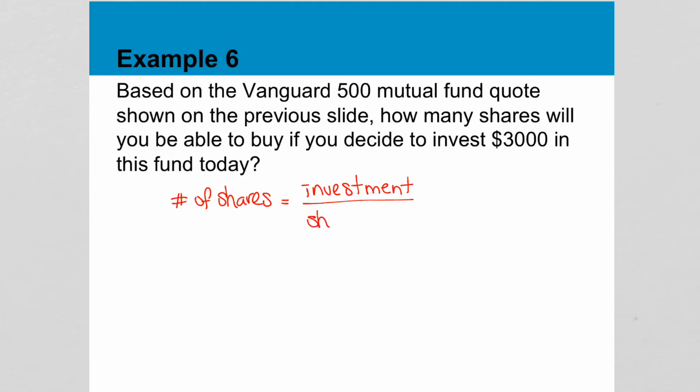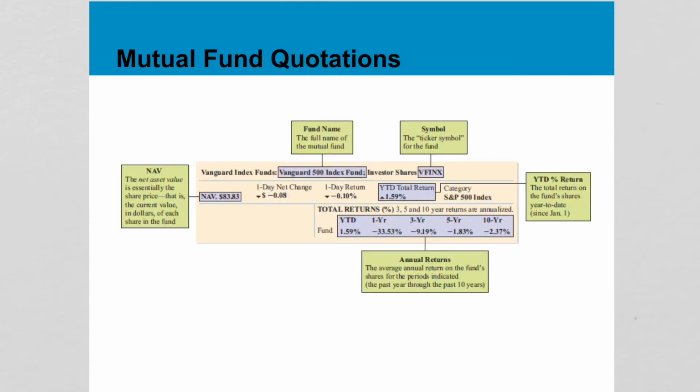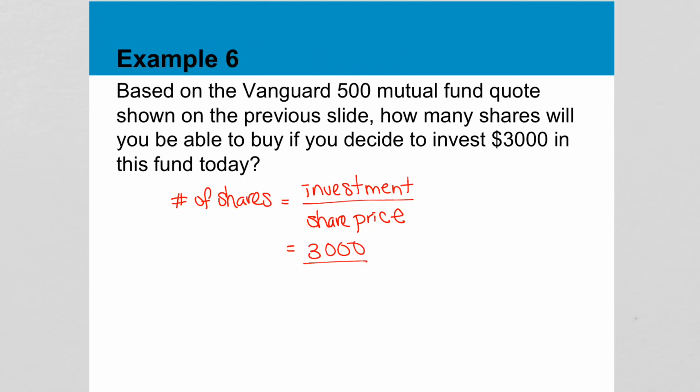Divided by the share price. Okay, so let's see. We need to look back. We know what our investment is. It's $3,000. We need to find what the share price is. And here's the word share price. $83.83.